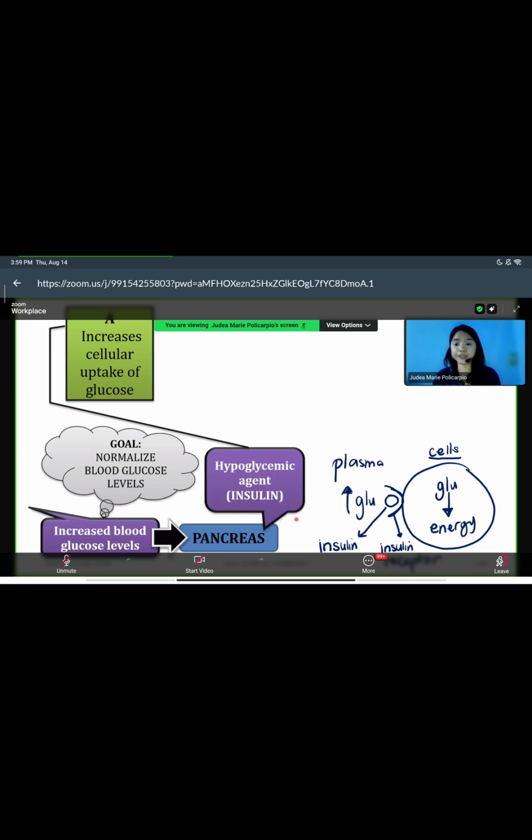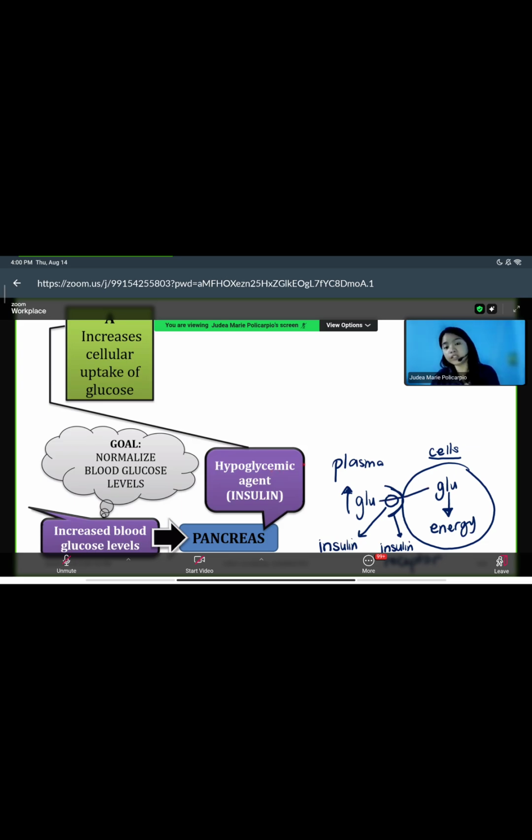Whenever you hear the word receptor, it would always mean something that receives, something that accepts. So pag sinabing insulin receptor, isa siyang receptor na tumatanggap ng insulin. So meron tayong susi, which is the insulin, at meron tayong pintuan, which is the insulin receptor. When the key meets the door, ma-unlock na natin yung door.